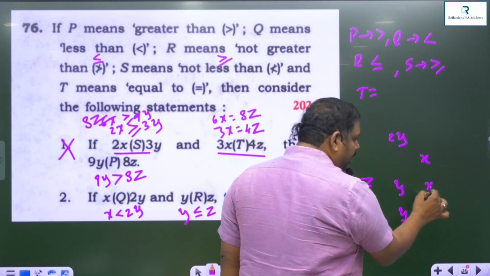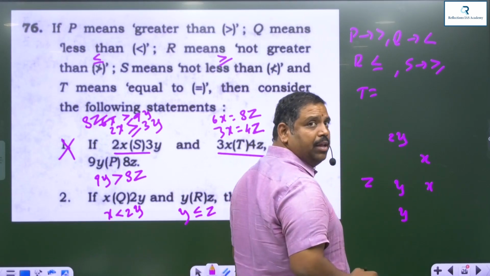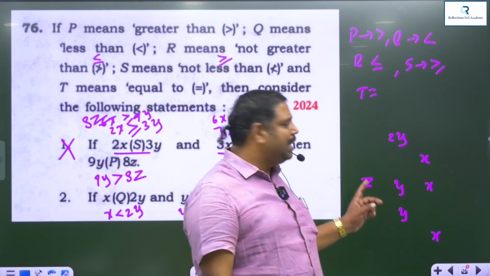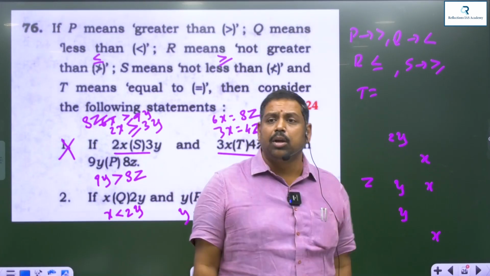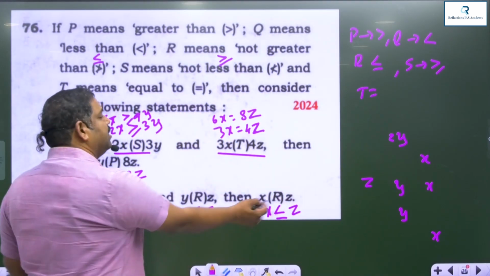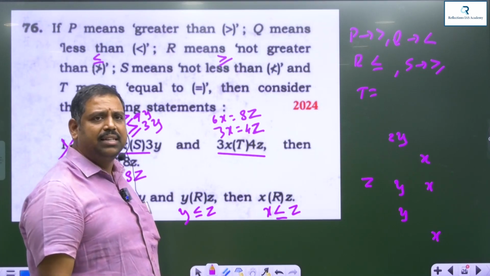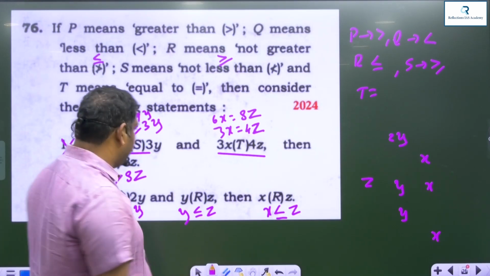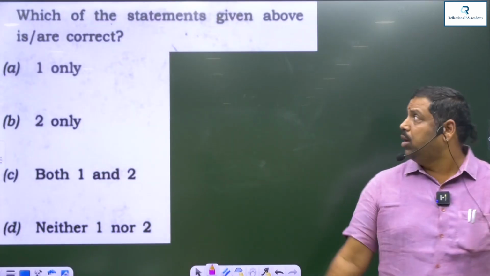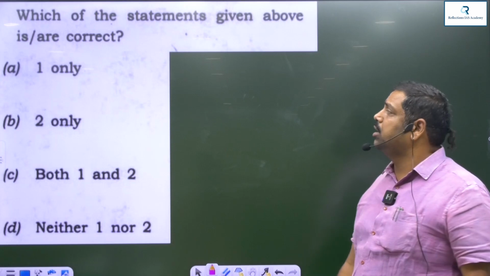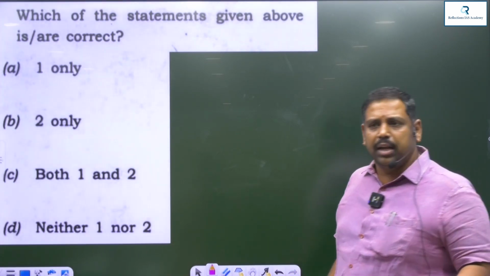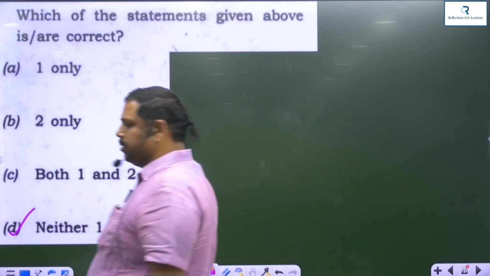X can be at this level. That means that both are equal. X can be below that. Means Z and X, which is greater, which is least? Are you able to compare or unable to compare? Unable to compare. But he is concluding that X is less than or equal to Z. Means it is a valid conclusion or invalid conclusion? Invalid conclusion. Okay. So what he is asking is which of the following is correct? First one correct or second one correct or both are correct or neither is correct? Neither is correct. So answer is D.